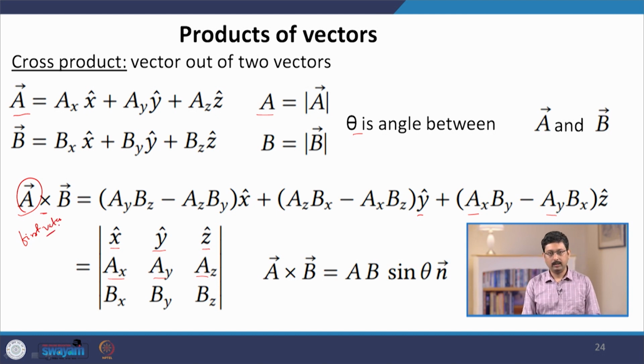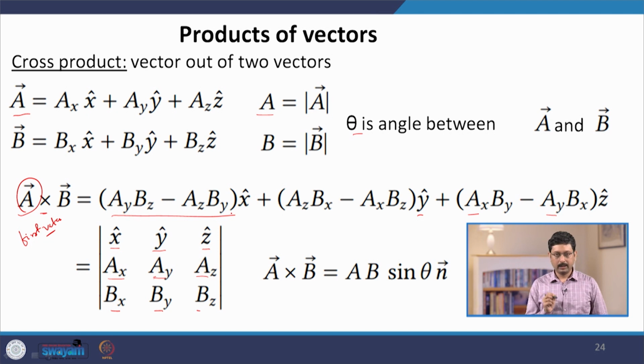As we shall discuss very soon, the order in which you write the vectors in this product is going to be important, so you have to keep track of the order. The vector that comes first goes to the second row, and the second vector goes in the last row. Then if you pretend that this is a determinant of a matrix, and you apply the standard formula for the determinant, you get back this particular formula.